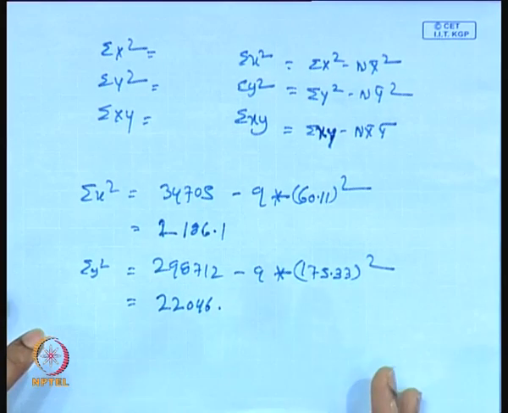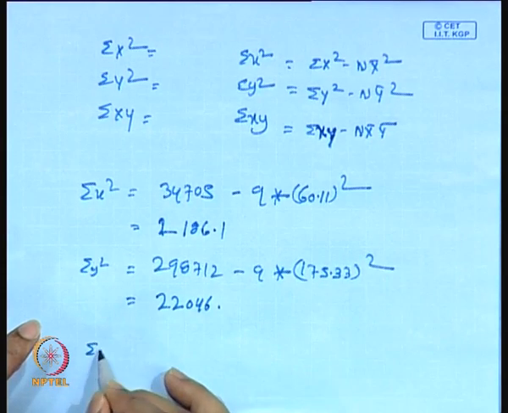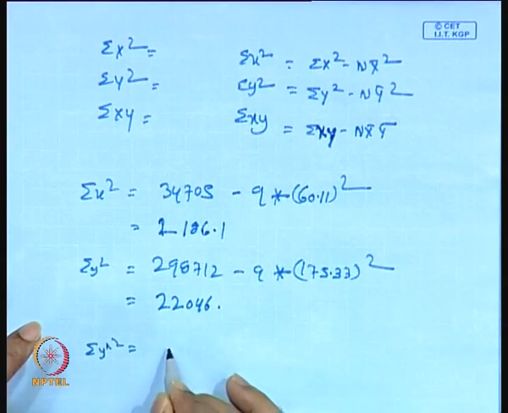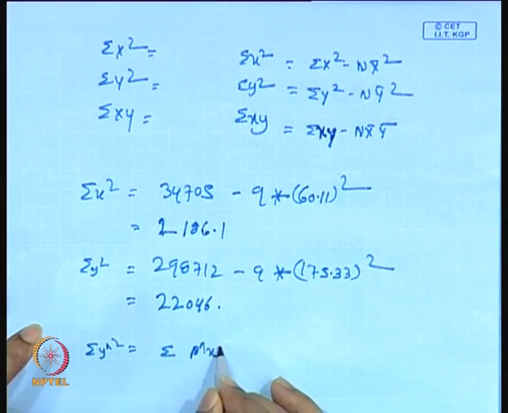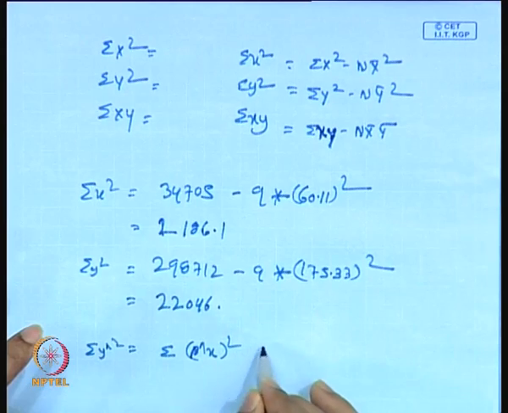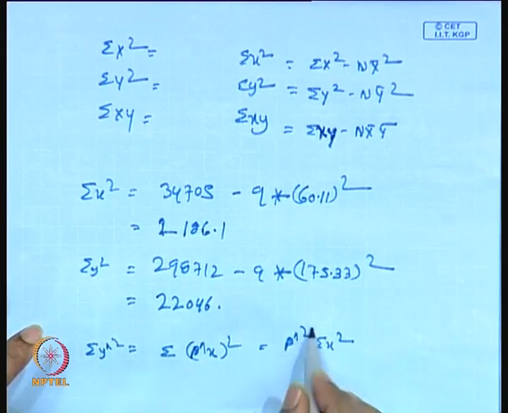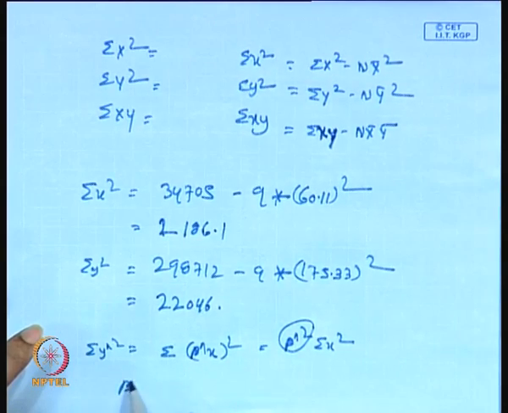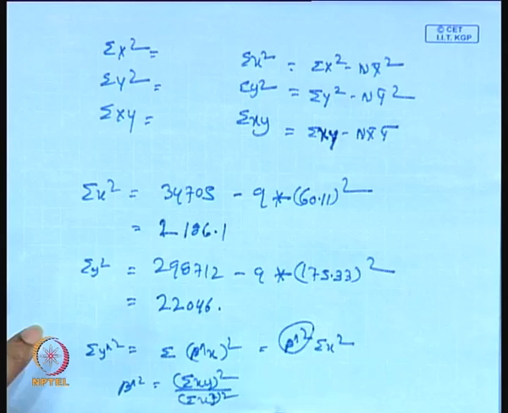Then with the help of this we can also get y hat square. Summation y hat square is nothing but summation beta hat x whole square. That means it is beta hat square summation x square. So what is beta hat square? Beta hat square is summation x y whole square divided by summation x square into squares.